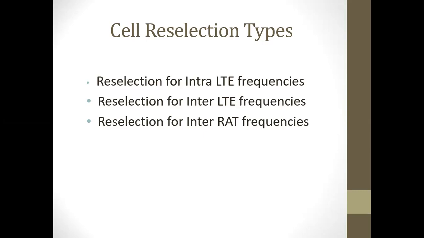These generations are considered different radio access technologies, RAT. So if you completely change your technology and switch to another generation, we call it a change of RAT, or inter-RAT. All these things we have listed for cell reselection can also take place for handover. So handover also has these three types: intra-LTE, inter-LTE, or inter-RAT.